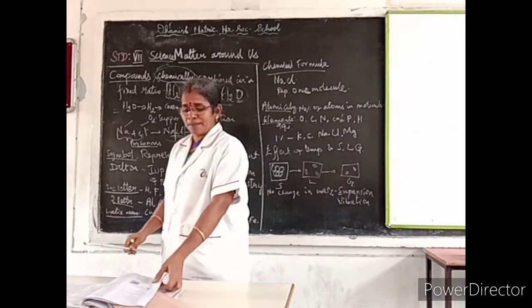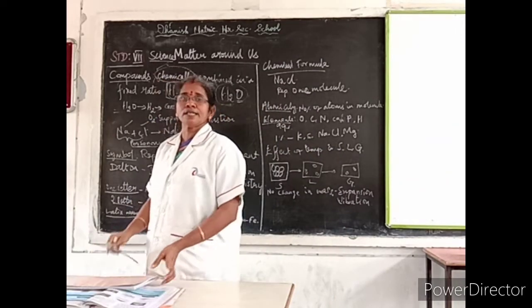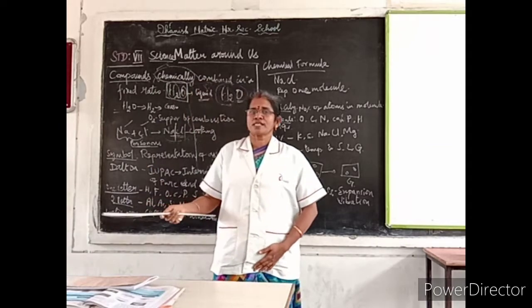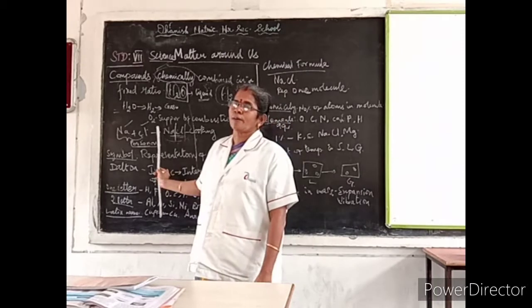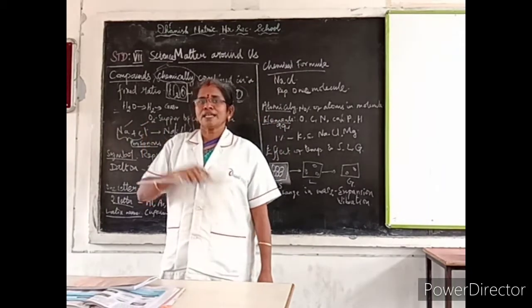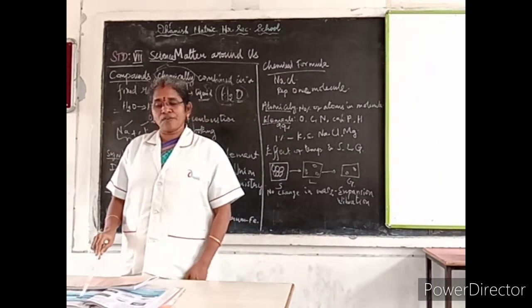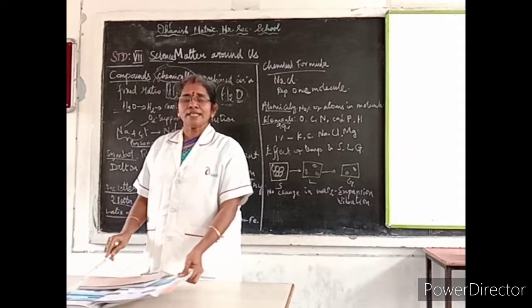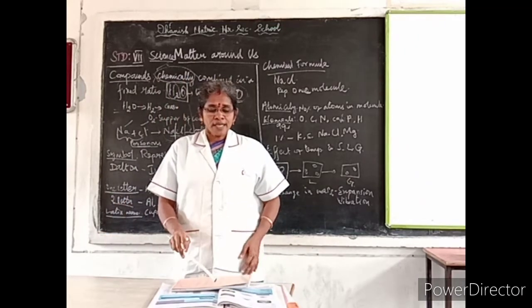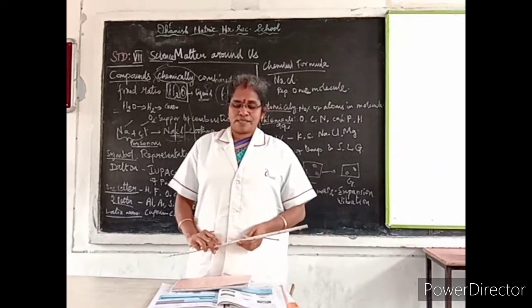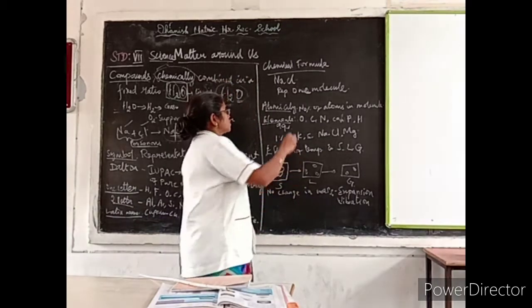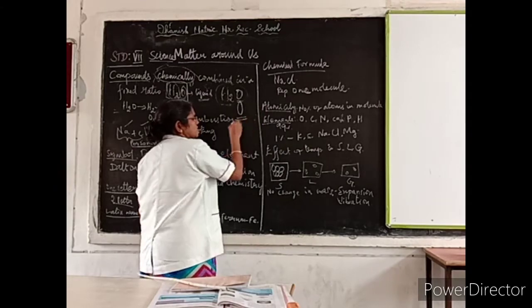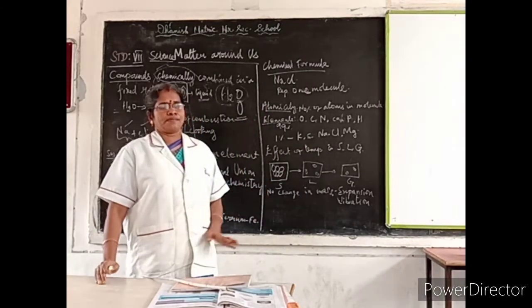In your book, page number 37, the difference between compounds and elements is given. Now I have explained everything based on compounds and elements that we studied in the last class. So here they give the difference between element and compound. First point, an element is the simplest substance. Suppose you take oxygen as an element, it is the simplest substance.